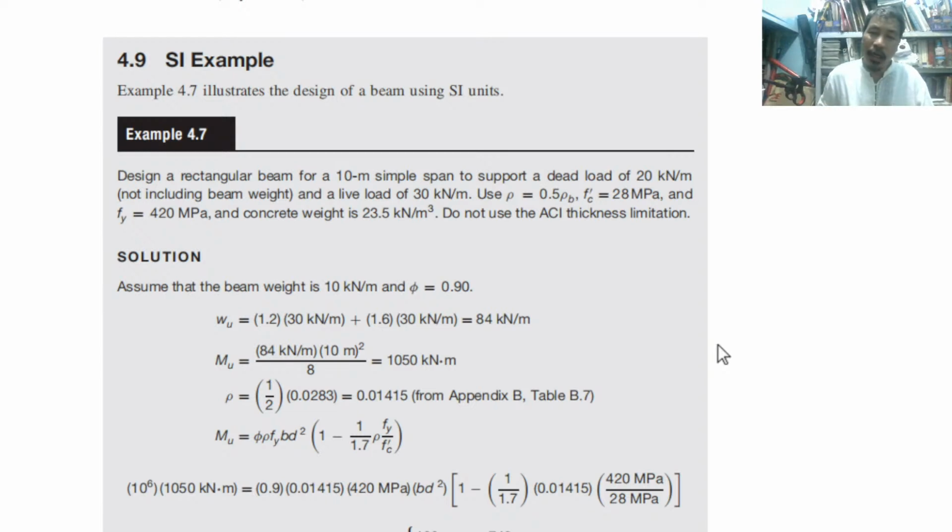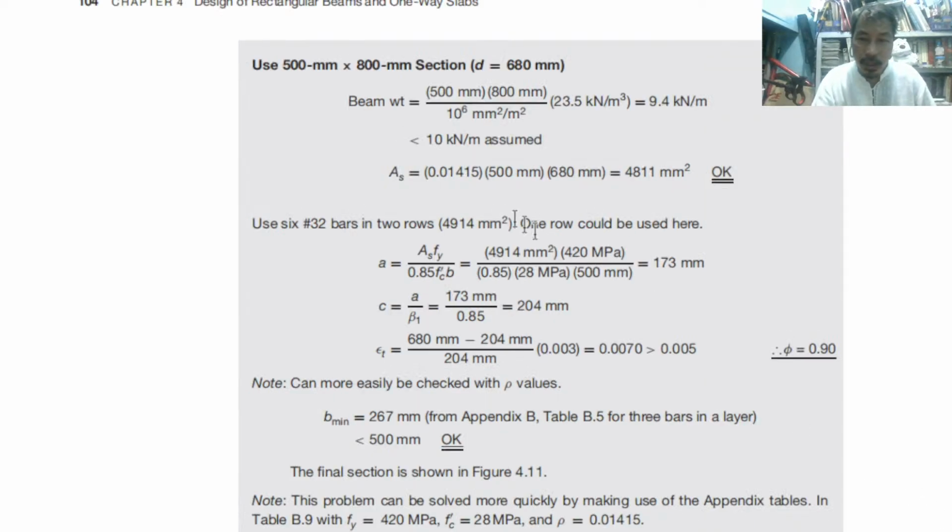So this is 4,000 PSI, that is beta 1 is equal to 0.85. So here it's correct, no? 0.85 beta 1. So therefore, the value of C is 204.